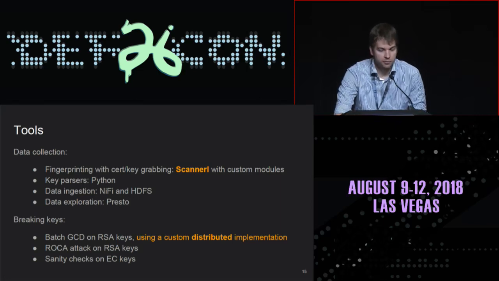So basically computing the GCD between every pair of RSA moduli in there. This is a distributed implementation, so it basically scales. You can throw more machines at it. It's constant in memory. If you just need it to be faster, you just add more machines. We also check for the Roca attack, the Rocathon, and we run some checks on EC keys like invalid parameters, key lengths, and so on.